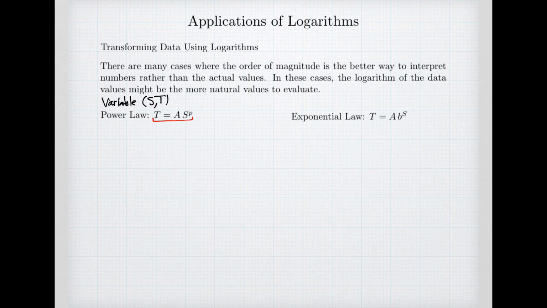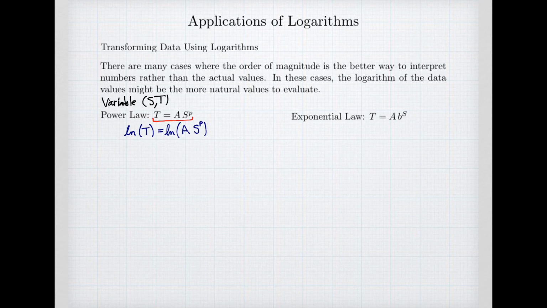I'll do natural log: the natural log of t, the left-hand side of the equation, equals the natural log of the power law, which is some constant, a parameter, times my x variable s raised to the power p. Now, once I have this logarithm of the formula, I'm going to start to apply the properties of logarithms.